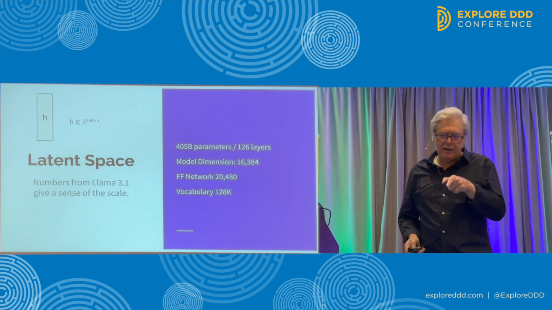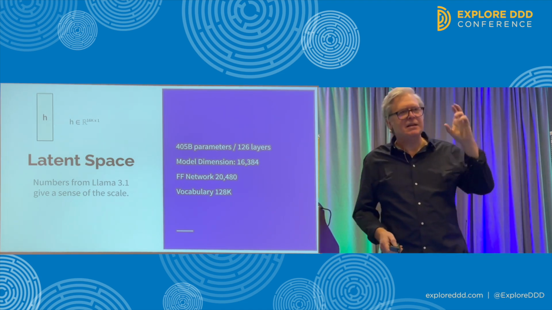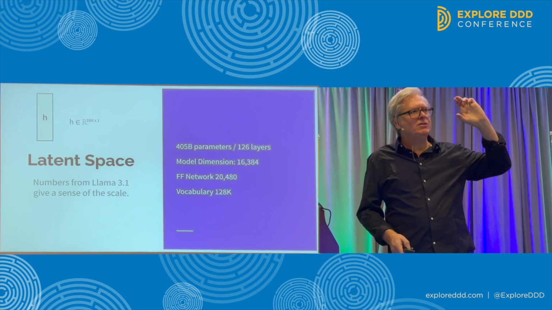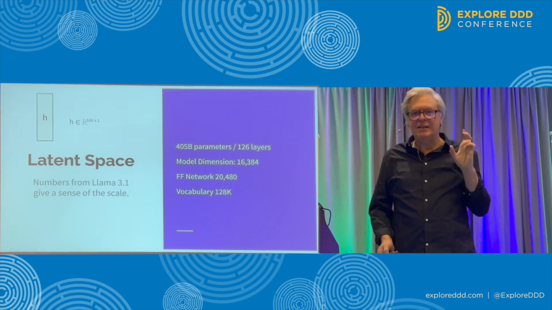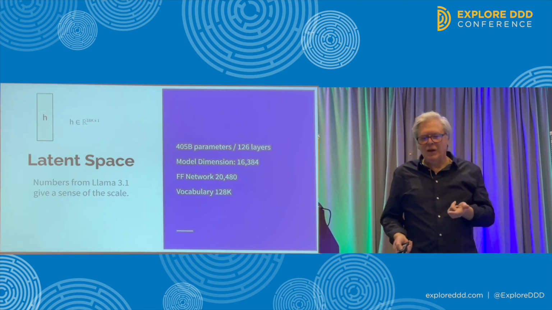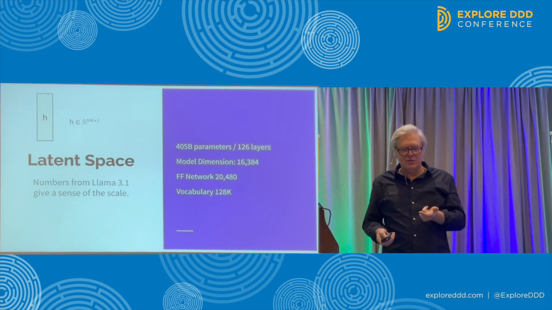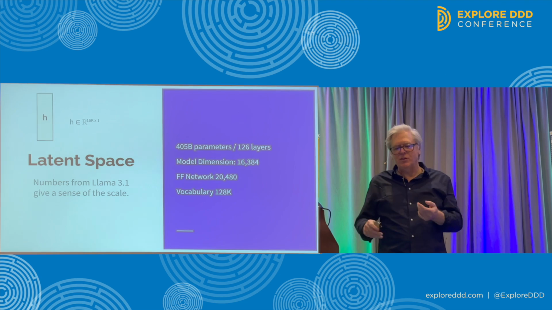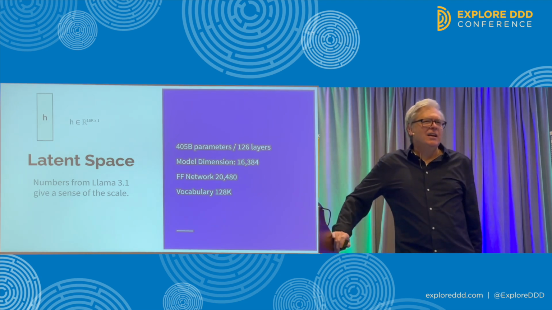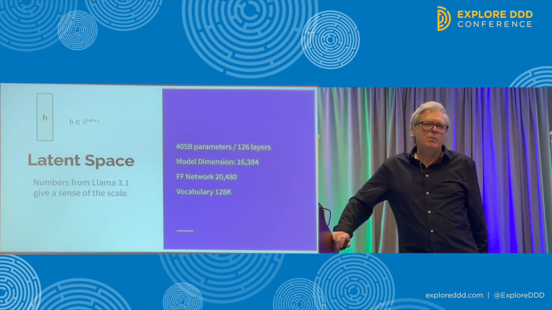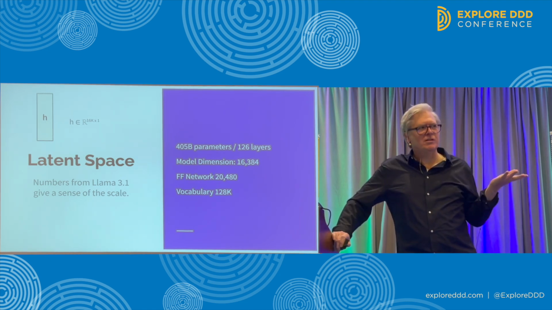But I want to point out something. The model dimension, that's basically how many dimensions are in that latent space, is 16,000. The vocabulary that they use to train Llama is 128,000. The dimensionality of that space isn't even enough to have all the words.